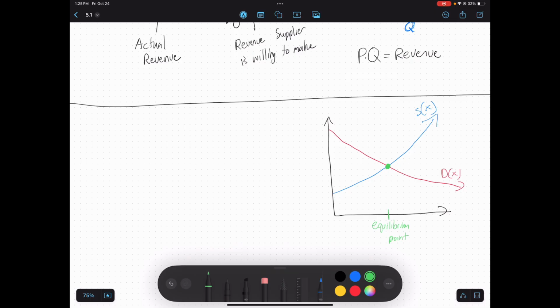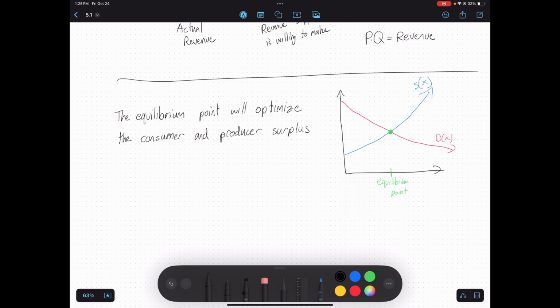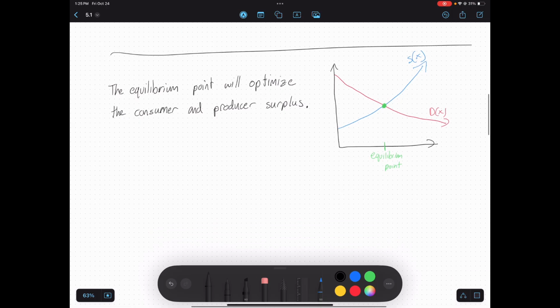This equilibrium point will optimize the consumer and producer surplus. So it ends up being a very important kind of concept. If we can find where those two functions cross, then we can find how to optimize our consumer and producer surplus. So how do we find that? Well, if we have both equations, you can calculate where they cross by setting them equal to each other. And that's how you can solve for your equilibrium point.